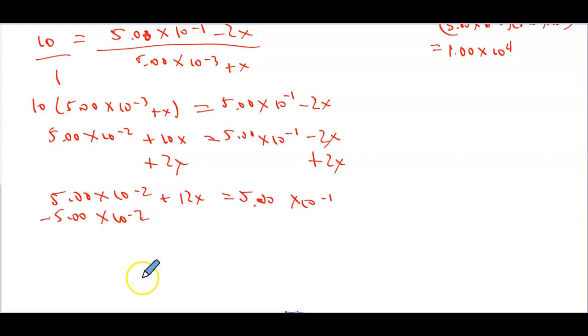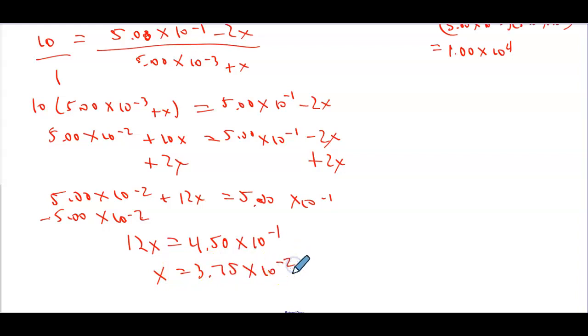Okay. So then I have 12x equals 5.00 times 10 to the negative 1 minus 5.00 times 10 to the negative 2. I get 4.50 times 10 to the negative 1. I'm going to divide that by 12, and I get x to be 3.75 times 10 to the negative second. So that's my x value.